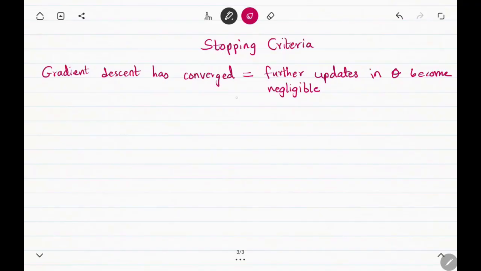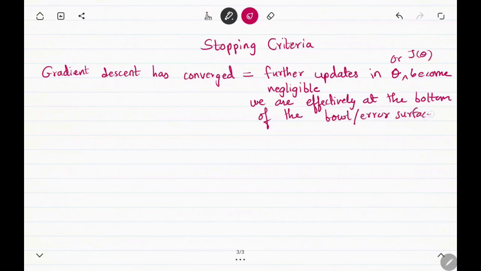Now let's discuss convergence and the stopping criteria. We say that gradient descent has converged when further updates become negligible, when we are effectively at the bottom of the bowl. Common stopping criteria include the cost improves by less than a tiny tolerance.